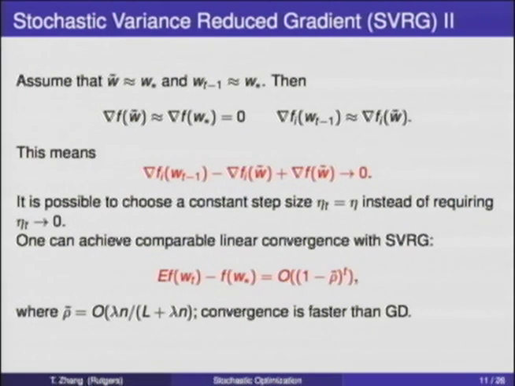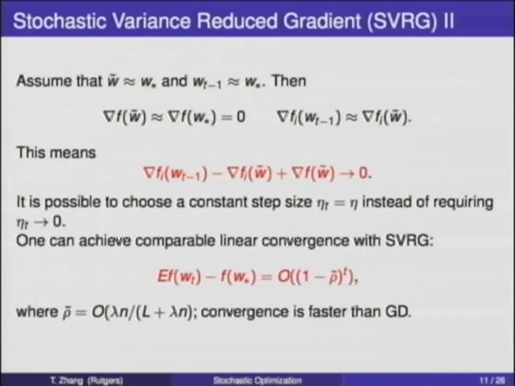So the bottom line is, once you do that, eventually what you can show is that the convergence of this algorithm becomes linear. The linear convergence has a particular form. Each iteration of this algorithm looks at only one example. Therefore, computation is fast, and it has linear convergence.